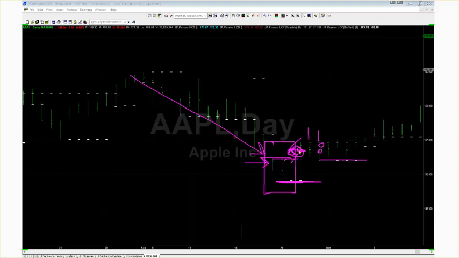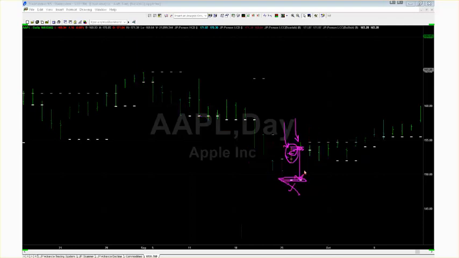This is not a chart to cherry-pick too much with because it's recent history, but if we go back and count from bar 1, 2, 3, 4, 5, 6, 7, 8, 9, 10, almost within that 8 to 10 bar period, the 1-to-1 risk-reward objective was met.